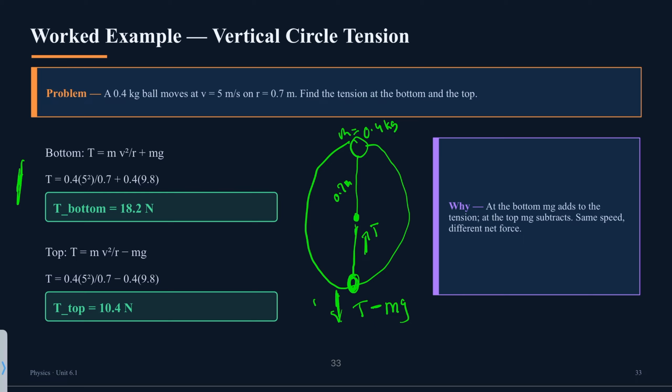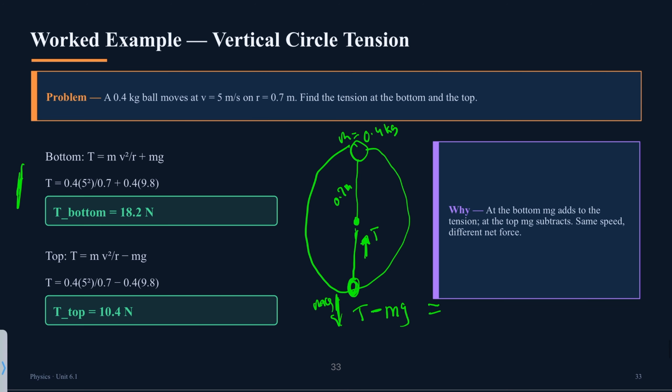And that's going to be equal to our centripetal force, because that's our net force, the force giving us orbit here, or in other words, m times v squared over r.